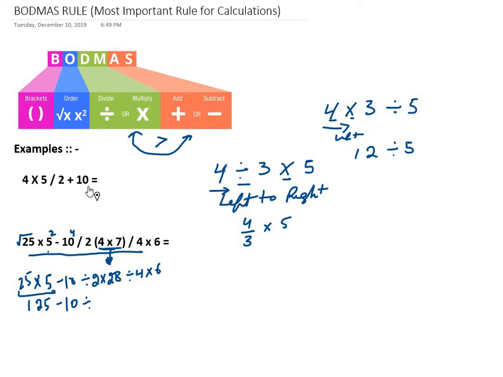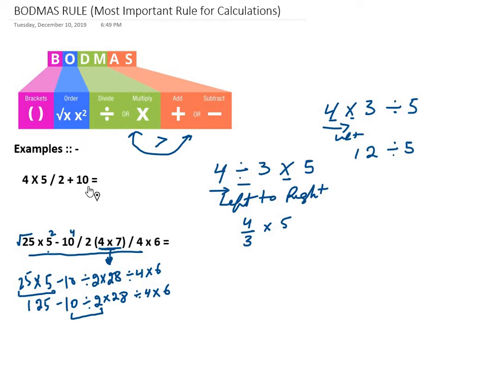division by 2, multiplication by 28, then division by 4, then multiplication by 6. Now here we are seeing this is subtraction, but here it's division, and so 10 divided by 2 has higher priority as compared to minus.